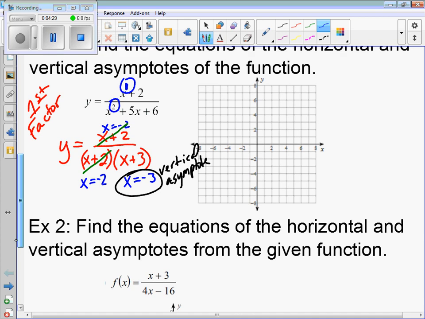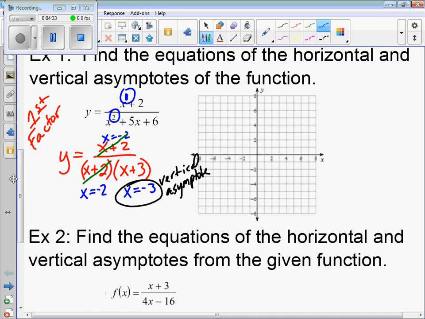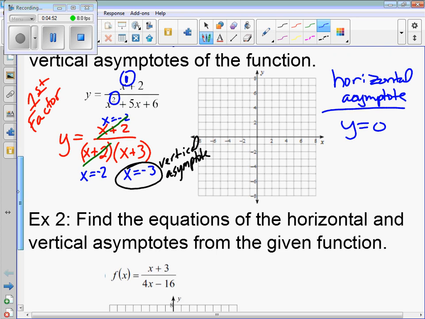So the horizontal asymptote for this problem is at y equals 0. That's all you need for this problem. If you want to graph it, you can. There's no need to do it for 9a. Moving on.